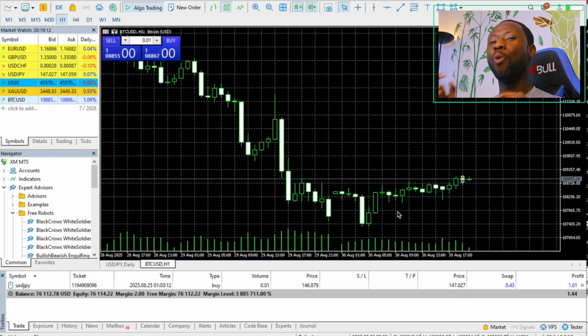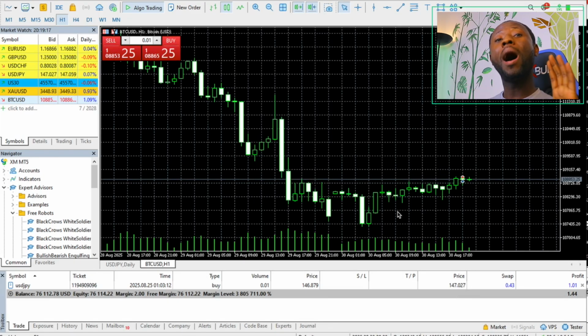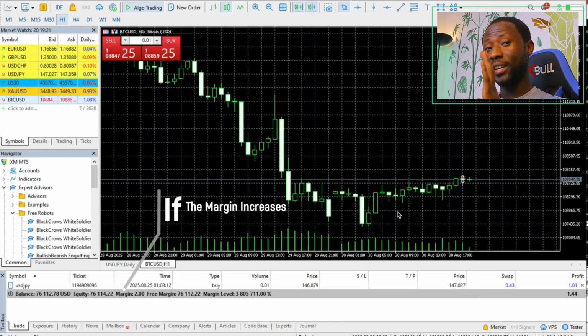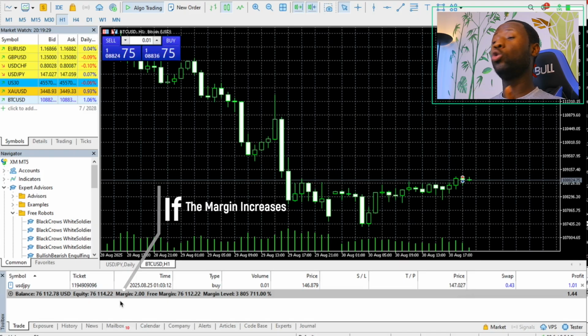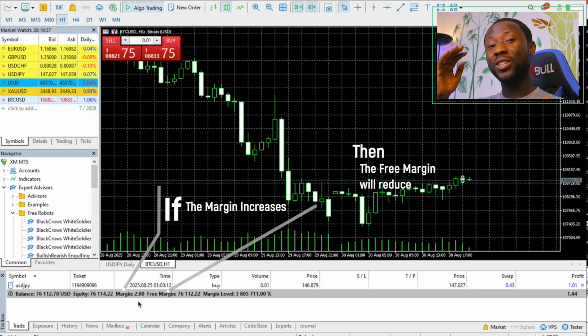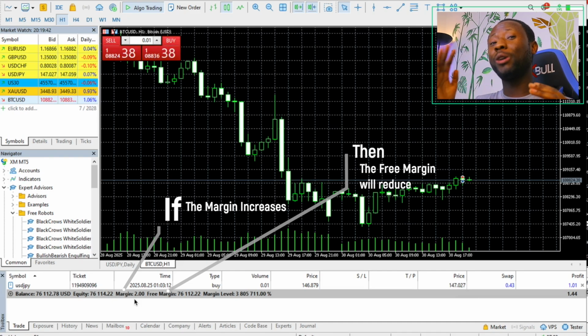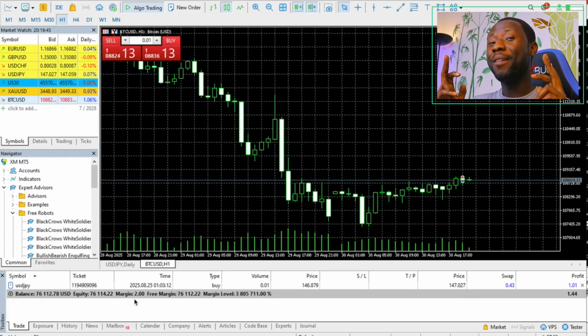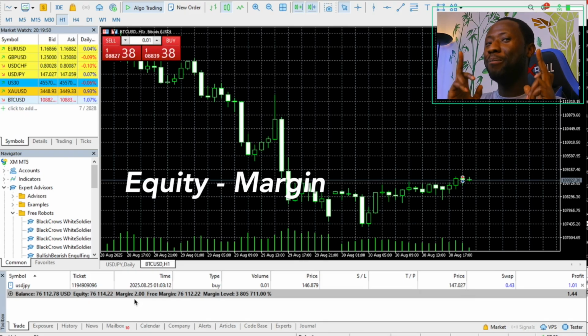Now, this leads me to what we were talking about. The more our margin increases, the more the money we need to open a trade is increasing. So now I have $2 here. The more that $2 increases, the more my free margin will reduce, because I'm subtracting the margin from my equity.